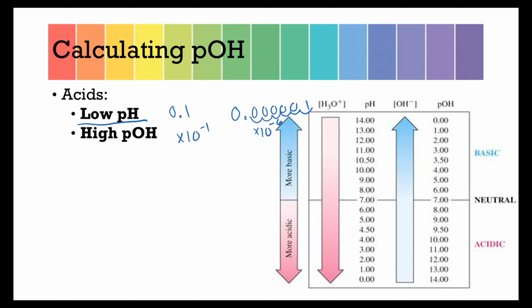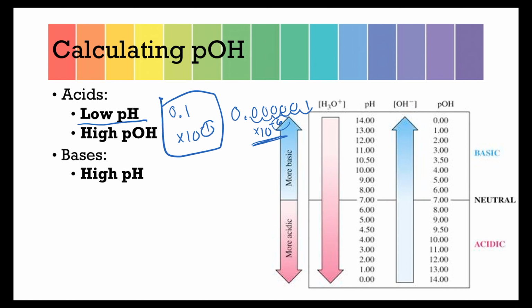Okay? So which number is bigger? Well, this 0.1 number is bigger. And if you were to calculate the pH of this, that would be 1. The pH of this example would be 6. So that is why acids have very low pHs.